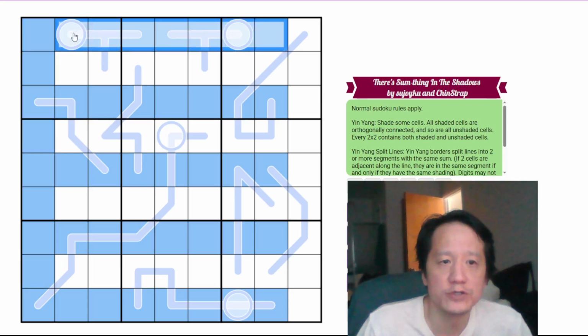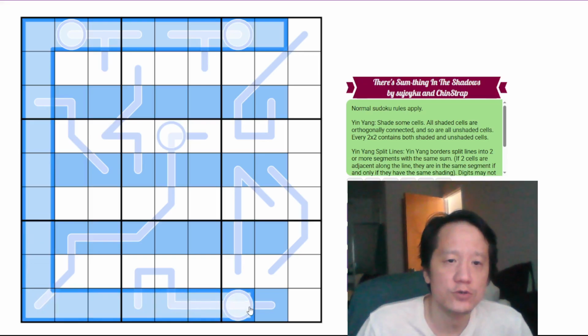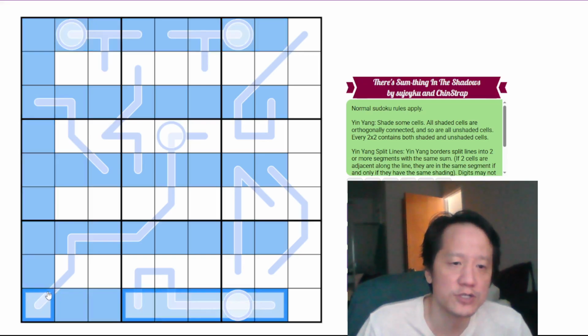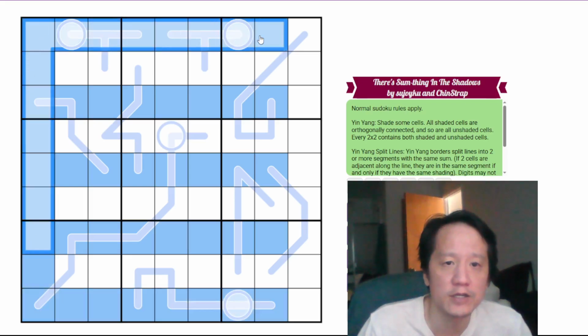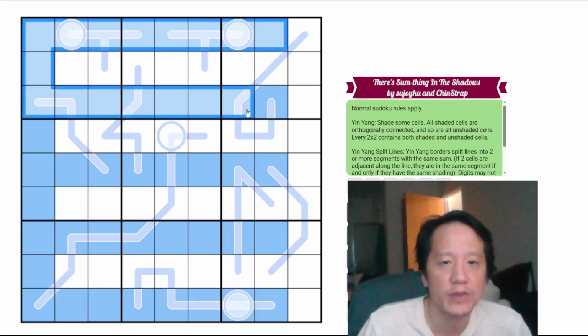All shaded cells are orthogonally connected, which means that you must be able to go from any cell in the shaded section to any other cell in the shaded section just by going through edges, and you should be able to stay within the shaded region doing that. So this is a valid example of a shaded region.